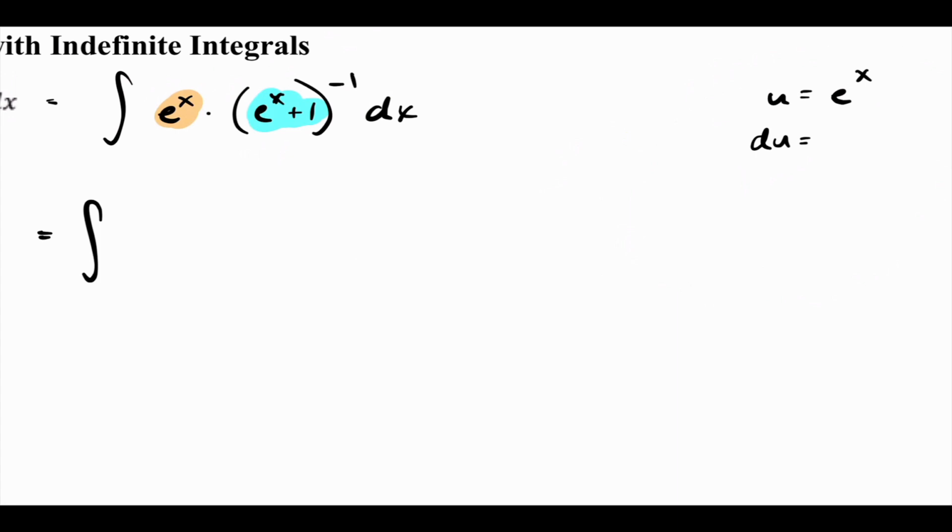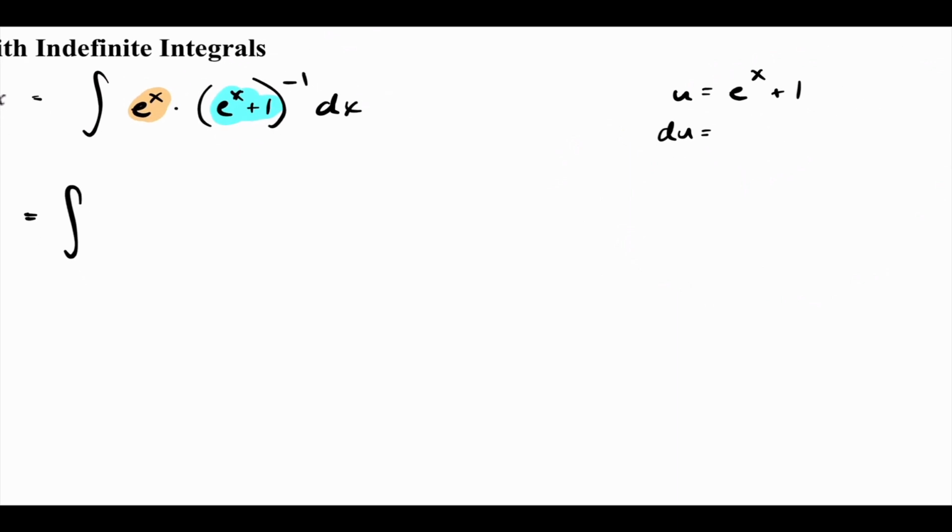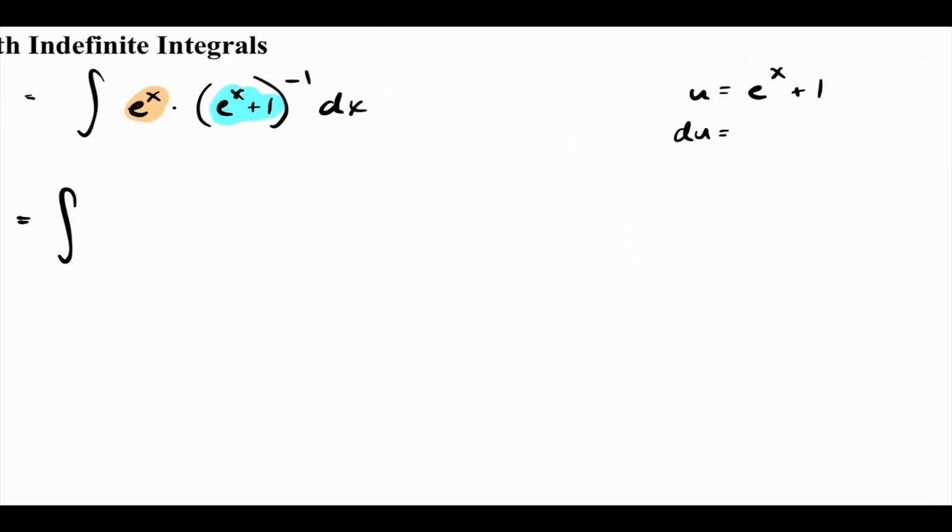Okay, so let's pick the other guy, the guy that we didn't pick last time, e to the x plus 1. What's the derivative of e to the x plus 1? e to the x, right? Same derivative. Divide by e to the x.